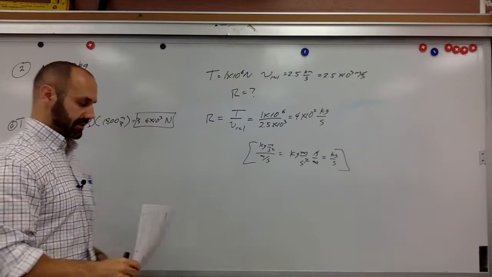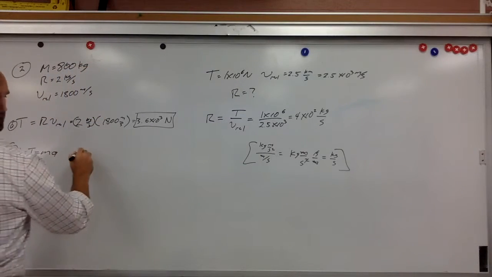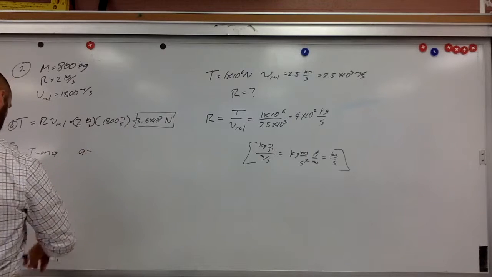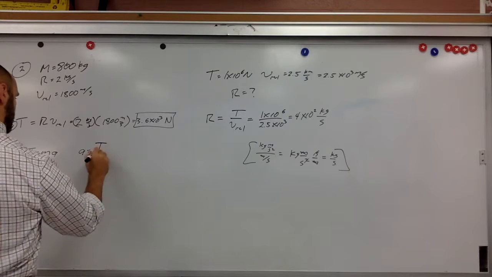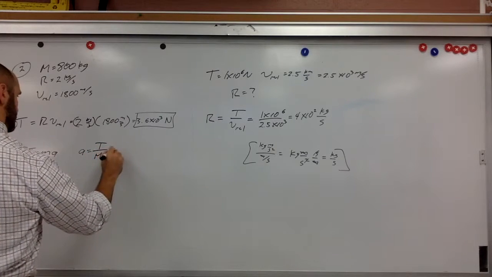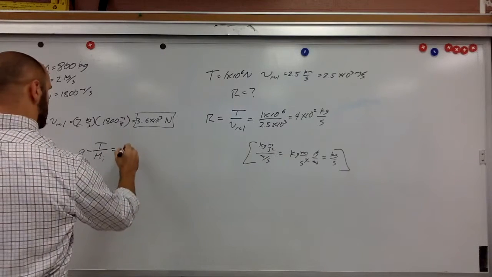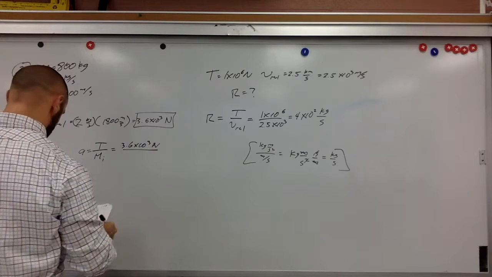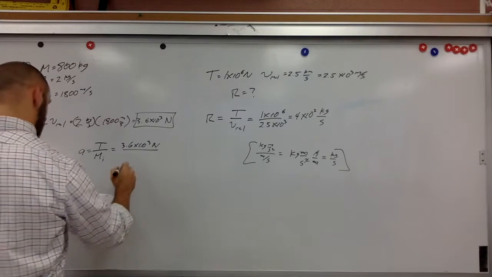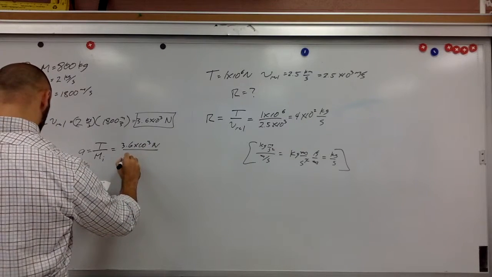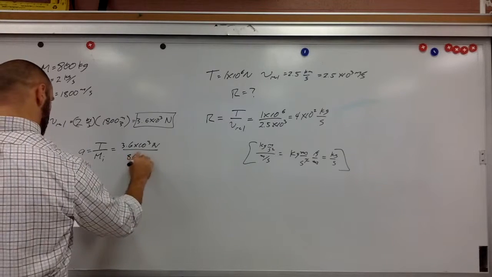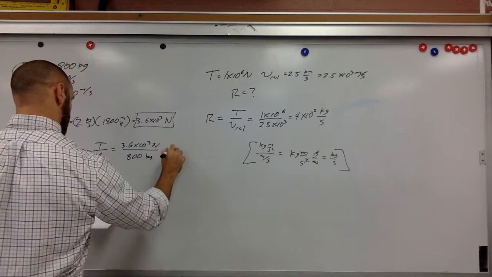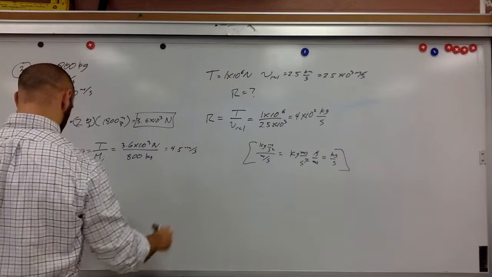So the instantaneous acceleration at first is going to be the thrust over the initial mass. And that is 3.6 times 10 to the 3rd newtons over, what do we have, 800 kilograms. So that comes out to about 4.5 meters per second squared.